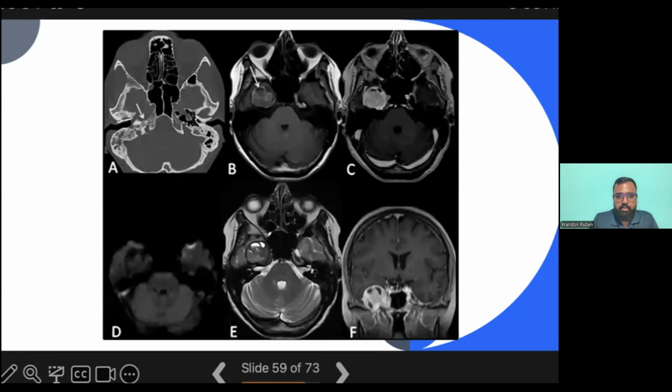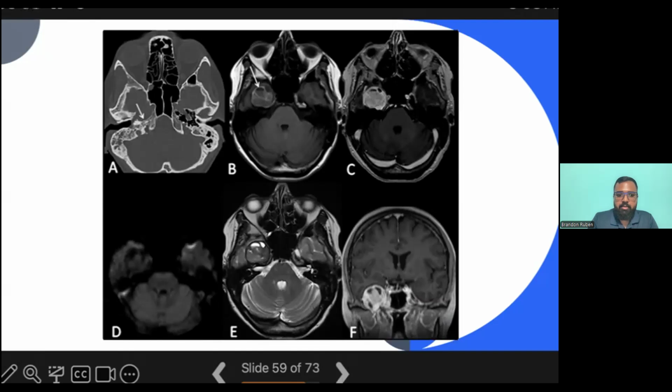Image A shows a CT scan, which demonstrates a well-defined petrous lacuna. Image B, a T1 weighted image, shows a hyperintense round lesion centered on the right Meckel cave, lying on the intrapetrous carotid artery and generating a mass effect on the temporal lobe.